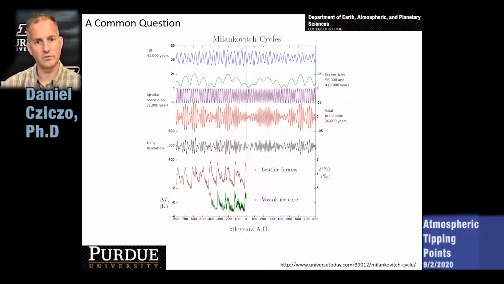In fact, Milankovitch really worked out the physics of this, was able to look at these different variables, the tilt, the eccentricity, that type of thing, the precession of the Earth, add them all together and come up with something that we would term daily insolation, the amount of sunlight reaching the surface of the Earth. So that insolation, the amount of sunlight, was really the summation of all of these different orbital parameters of the Earth.